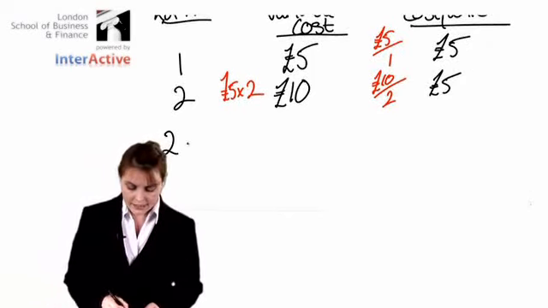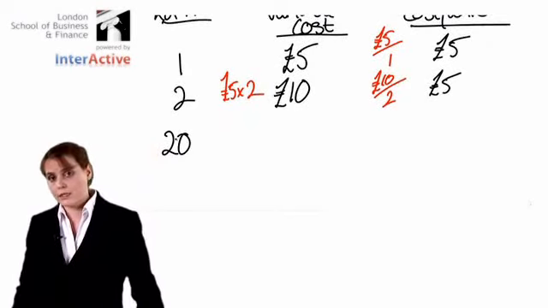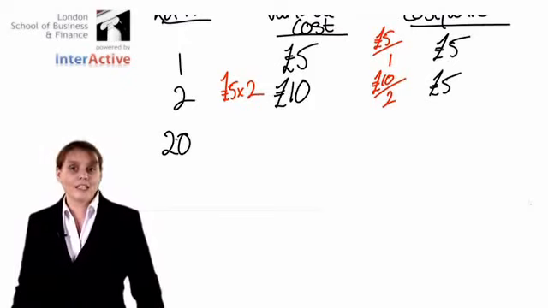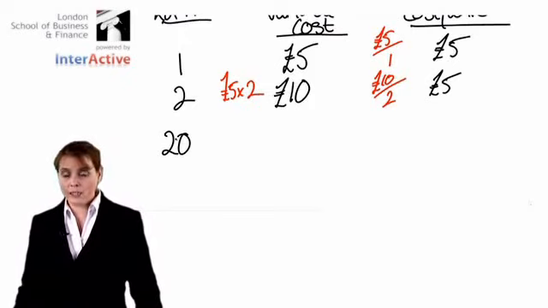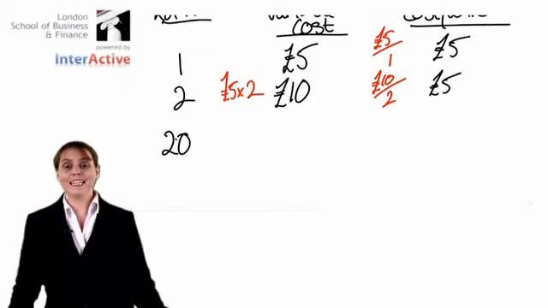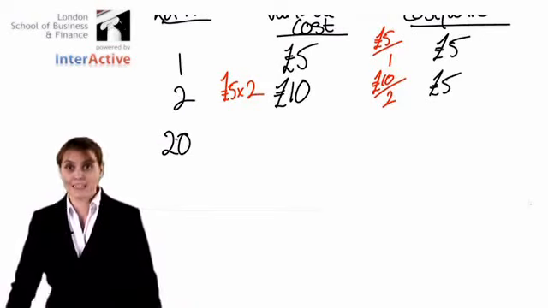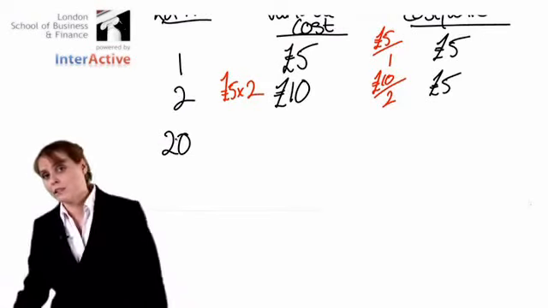Let's increase our level of activity again. This time we're going to say our level of activity might go up to 20 units. If our level of activity goes up to 20, what will our total variable cost be? Well, if we've gone from a level of activity of 2 units to 20 units, then we've multiplied our activity level by 10.